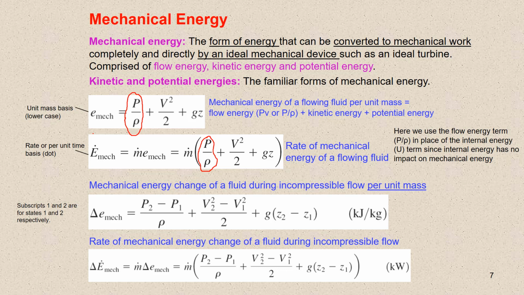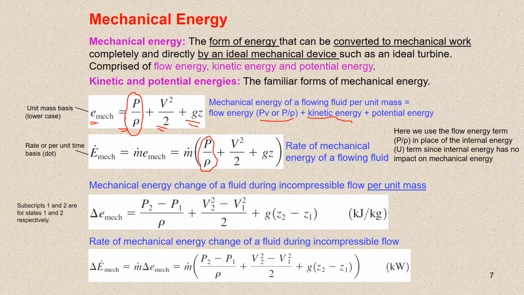Therefore, the mechanical energy of a flowing fluid can be expressed on a unit mass basis as e_mech, in lowercase, equal to P divided by rho, which is the flow work or flow energy, plus V squared divided by 2, plus gz. So the mechanical energy of a flowing fluid per unit mass is equal to flow energy, which can be depicted as P times v, or P divided by rho, plus the kinetic energy portion as well as the potential energy portion.